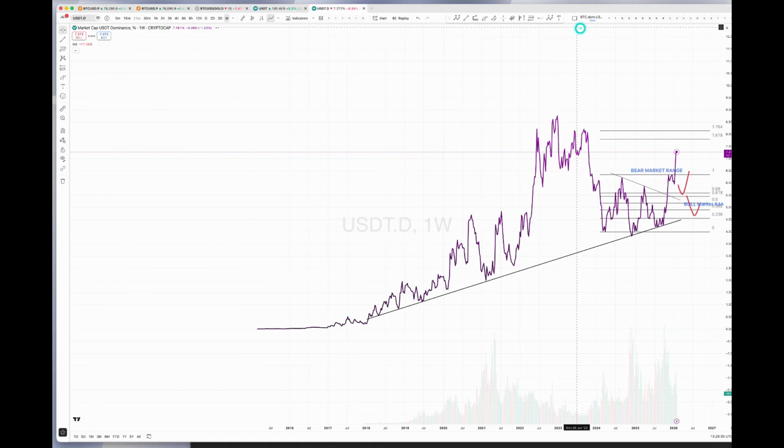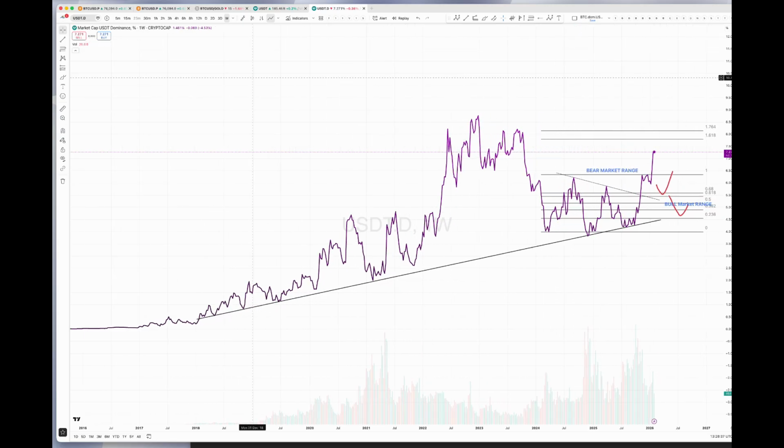And if we look at Tether dominance, the previous high. So what we're seeing is it broke out. It broke out from this triangle accumulation and it's breaking up. It can go up to there, and that's where I think maybe we'll just do that, come down.